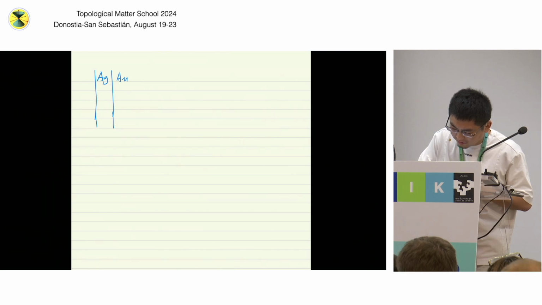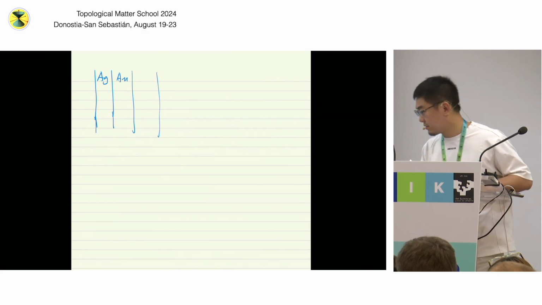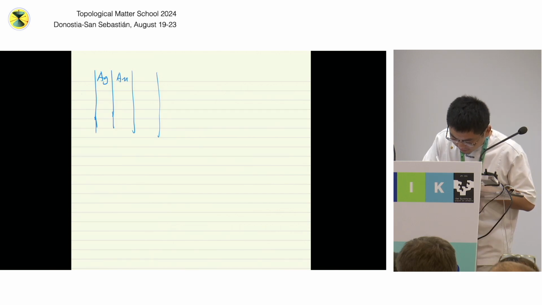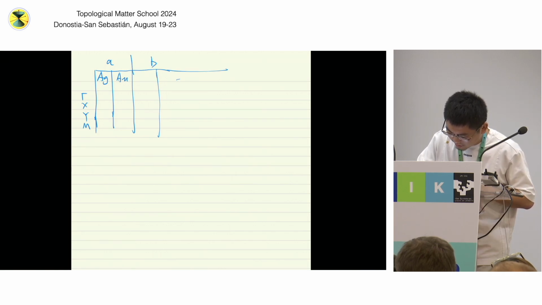So following the calculation in the 1D case, we can make a table for all these EBRs. I won't write all of them down, but I will write a few columns. So gamma, X, Y, M, A, B, and so on.